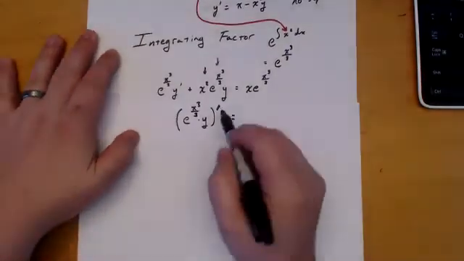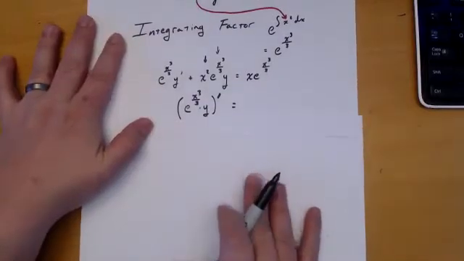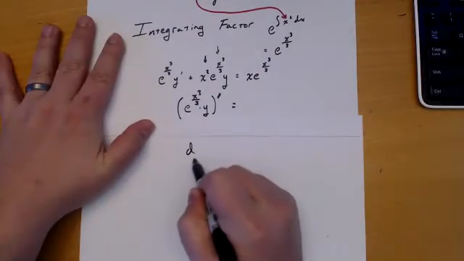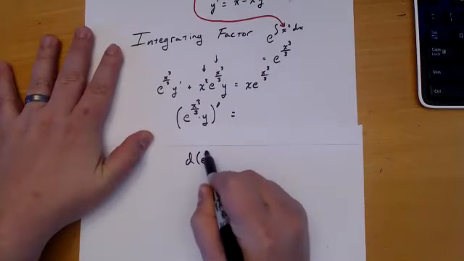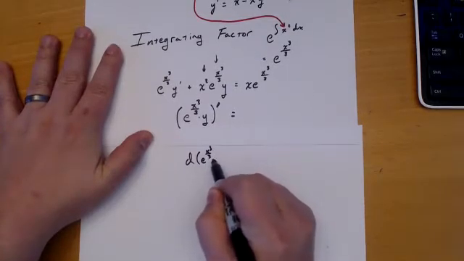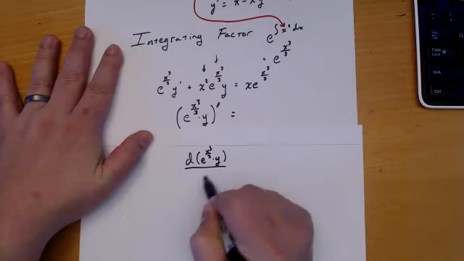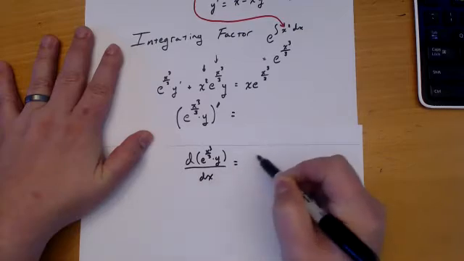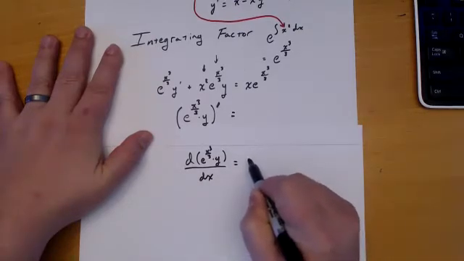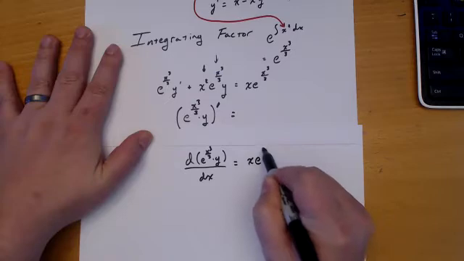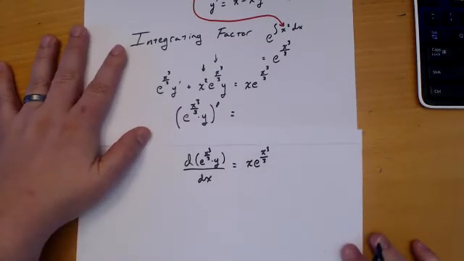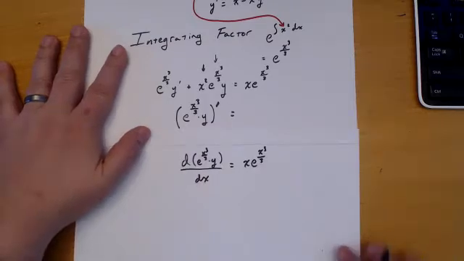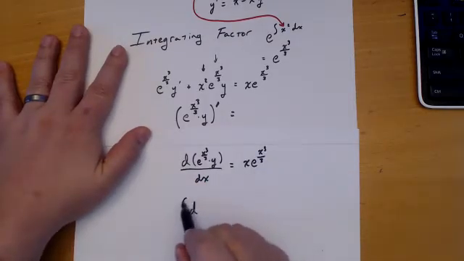So now what this really is saying in Leibniz notation is the derivative of e to the x cubed over 3 times y, dx, is equal to x e to the x cubed over 3. And then we take this guy over to the other side and integrate.